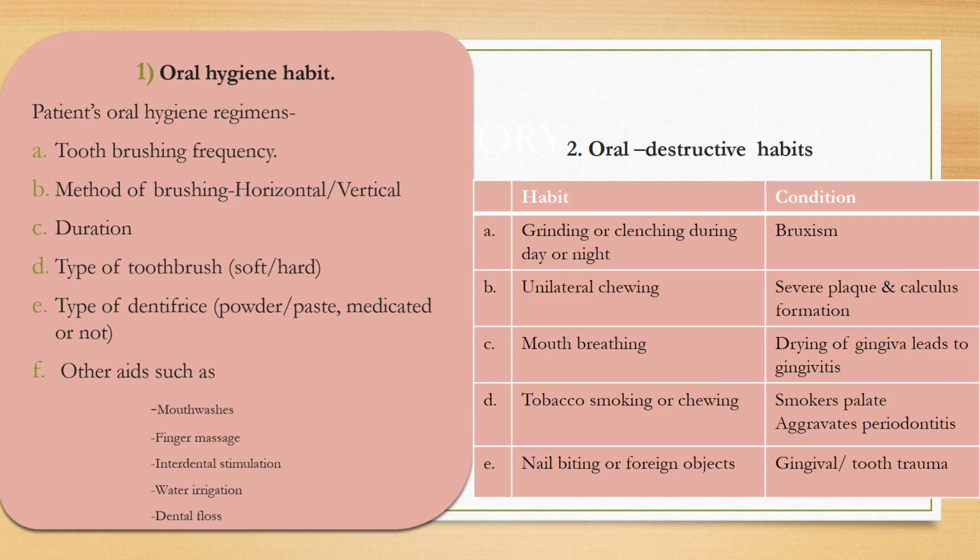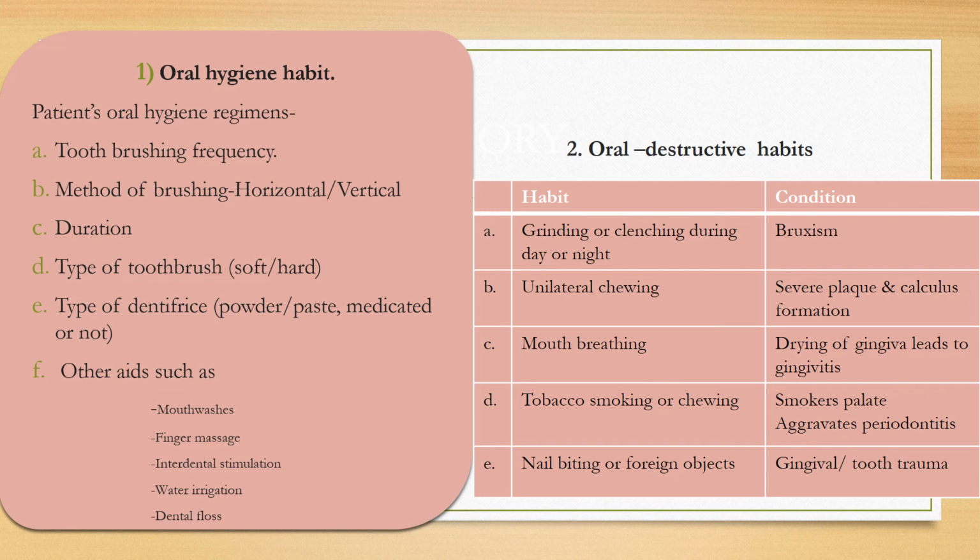The type of dentifrice, powder or paste, should be noted, because powder has more abrasive agent, so there is more chance of sensitivity. Other aids such as mouthwashes, finger massage, interdental stimulation, water irrigation, and dental floss should be noted.